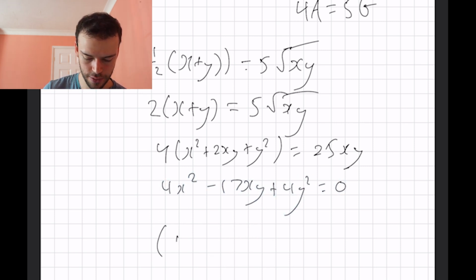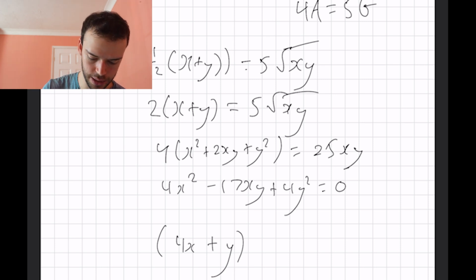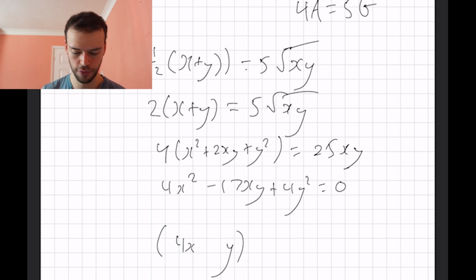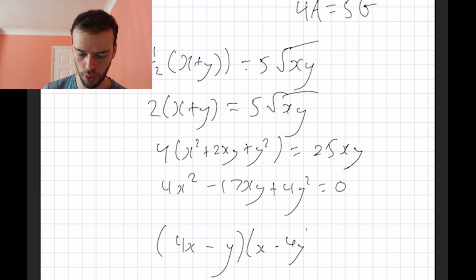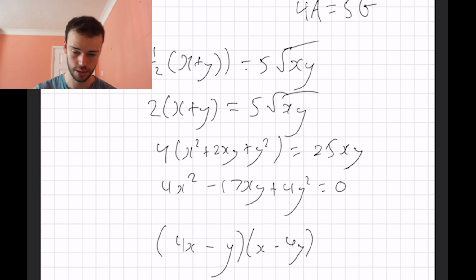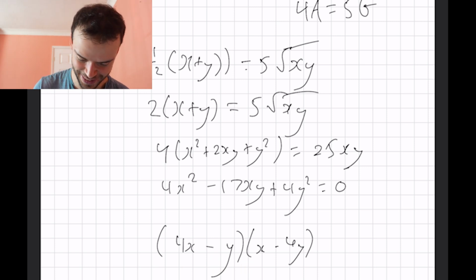What if we had 4x minus y and x minus 4y? What would that get us? Well, we would get the 4x squared and we would get the 4y squared. We would also get minus 16xy minus xy. This actually works. Okay, cool.